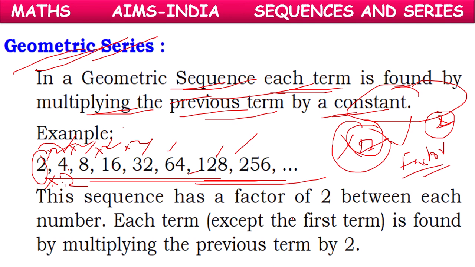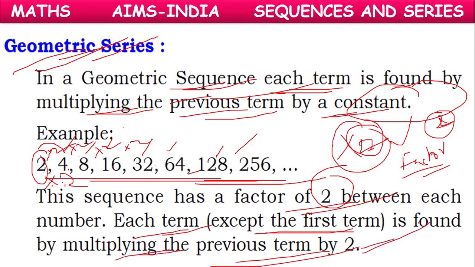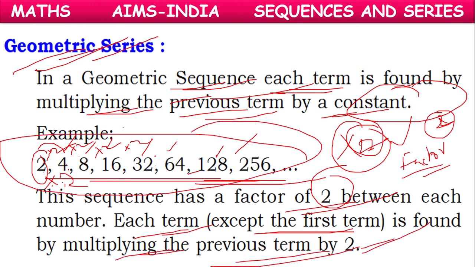So this sequence has a factor 2 between each number, so each term except the first term is found by multiplying the previous term by 2. So this is an example of geometric series.